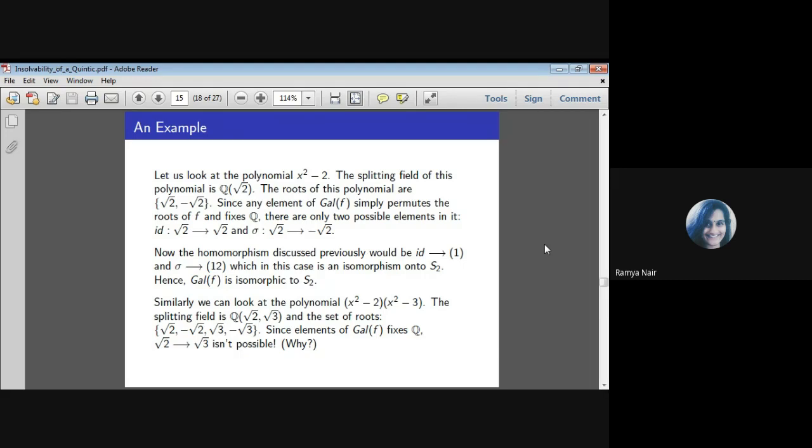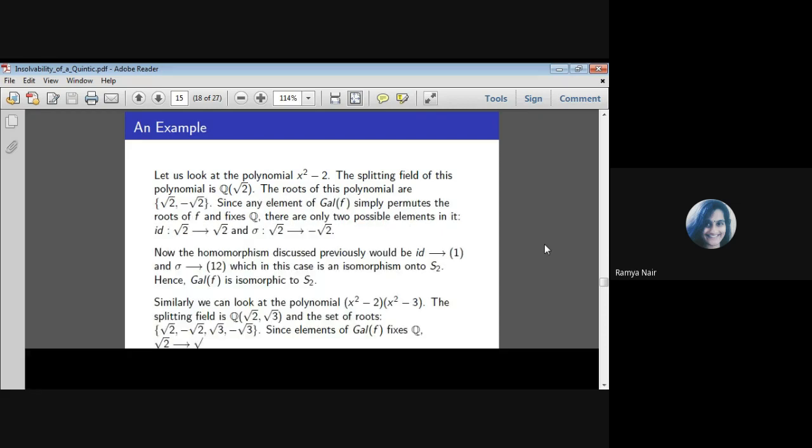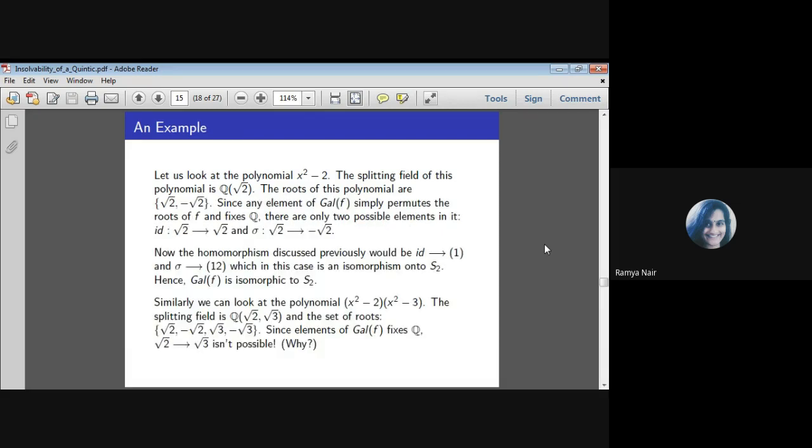It cannot take square root of 2 to anything else but minus square root of 2 or to square root of 2 itself. So the only two automorphisms possible of Q adjoin root 2 that fix the set of rational numbers are these two.